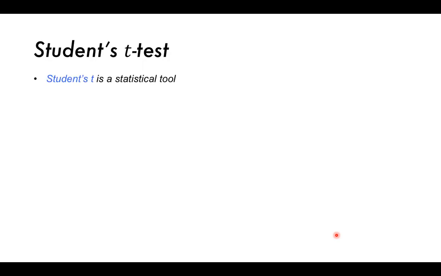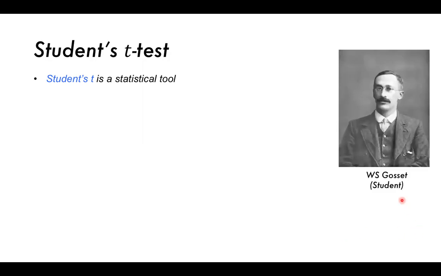The student's t is a statistical tool developed by W.S. Gossett. He worked as the head brewer in a famous Irish beer brewery, and he developed this statistical tool in order to help improve the brewing process.